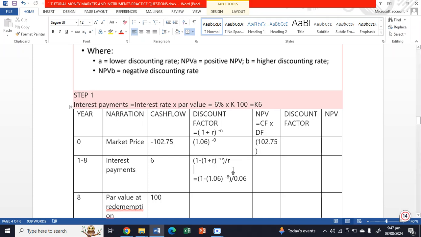Okay, so for now, the rate here is 6%. Discount factor at 6%. So here 1 plus r, that is 1.06, to the power negative 0, since this is in year 0. So to the power negative 0, that gives us 1.